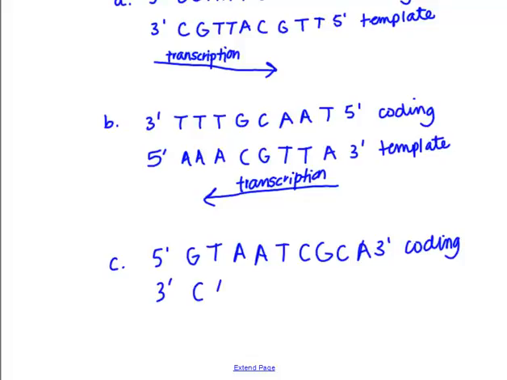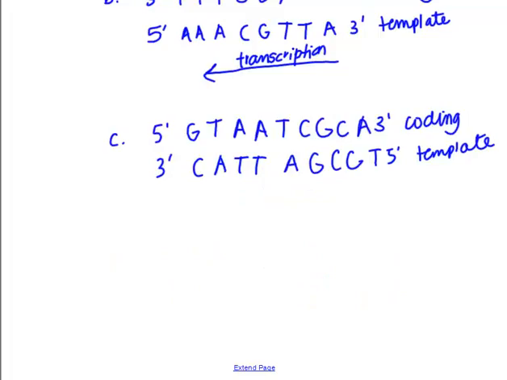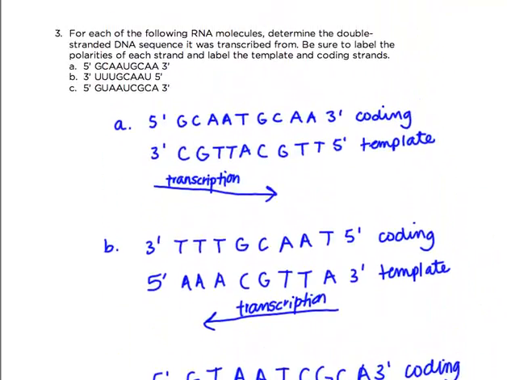So C, A, T, T, A, G, C, G, T, 5'. So that's template. And again, template's read from 3' to 5' by RNA polymerase, so transcription happened from left to right for sequence C.